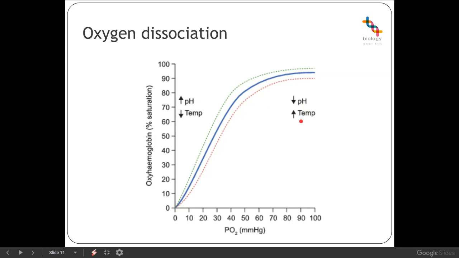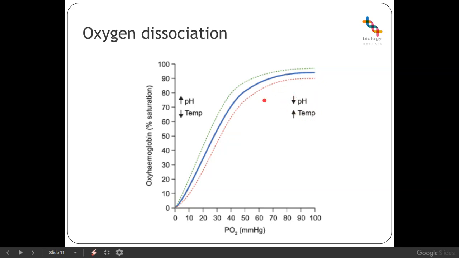So that's particularly useful because if we have tissue which is actively respiring and using up oxygen, it will generally have a higher temperature, and will also be producing more carbon dioxide, which dissolves into carbonic acid and therefore reduces the pH of that tissue. So the more the tissue respires, the greater the increase in temperature and the decrease in pH.